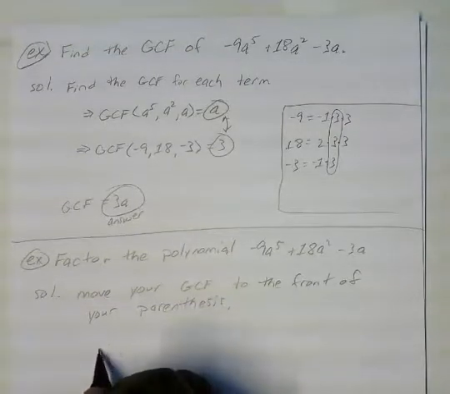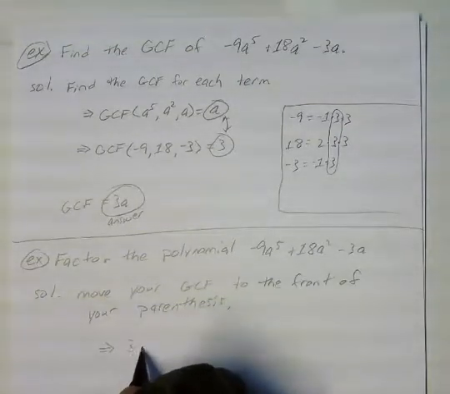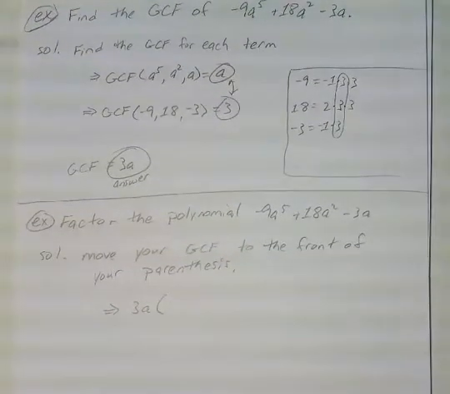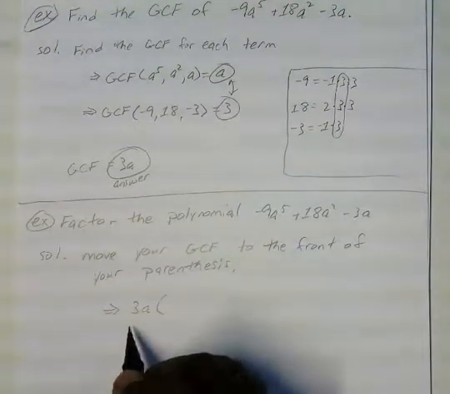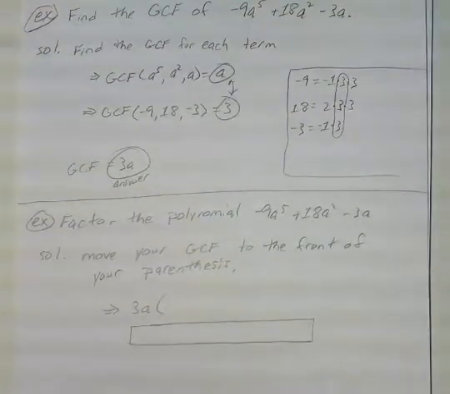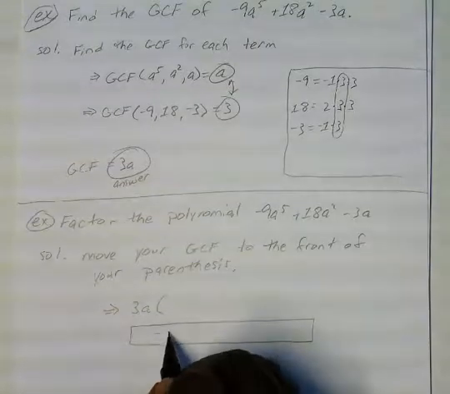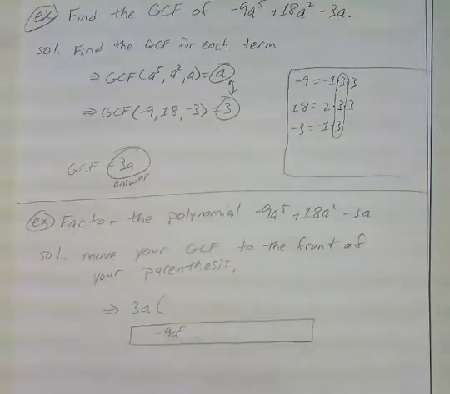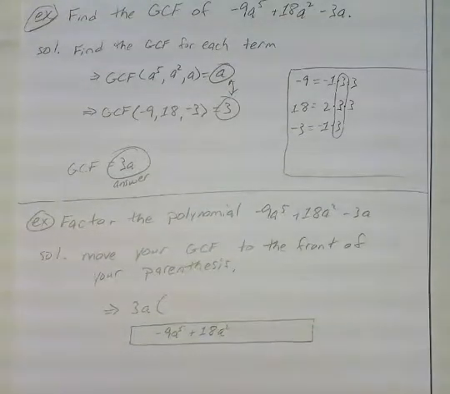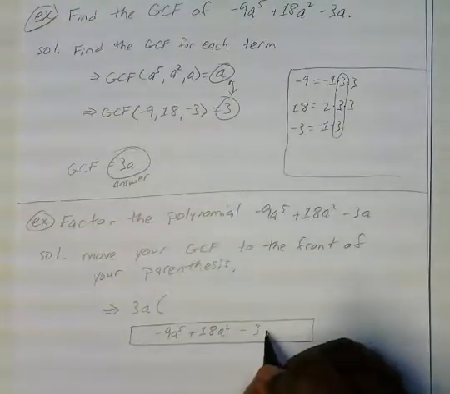Alright, so we have our greatest common factor, where we put 3a right there. And again, just a little hint: put your original polynomial right up underneath it. So you have negative 9a to the 5th power plus 18a squared minus 3a.